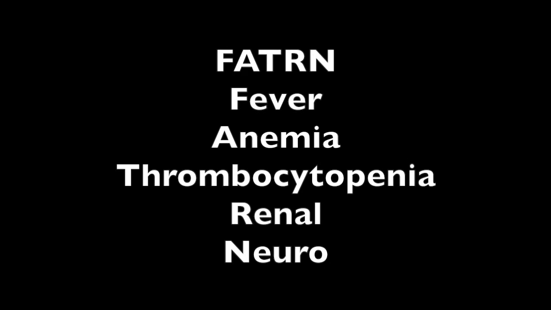It has a very similar mechanism to TTP, thrombotic thrombocytopenic purpura, where the mnemonic is FAT RN: fever, anemia, thrombocytopenia, renal problems, and neuro problems. So their platelets basically bunch up, because remember, in TTP this is due to antibodies against ADAMTS13. ADAMTS13 is an enzyme that breaks down von Willebrand factor.